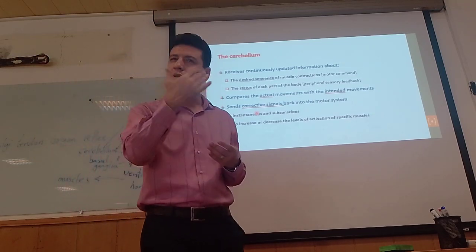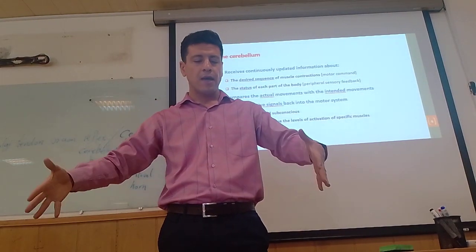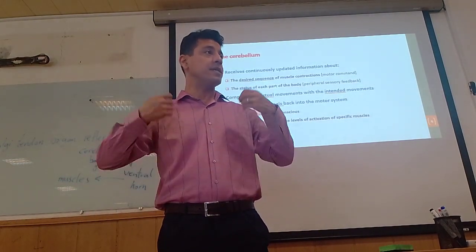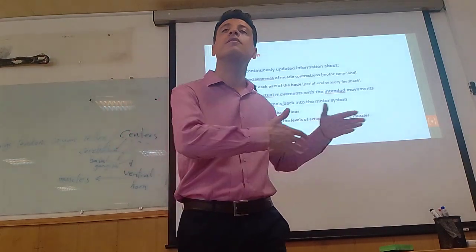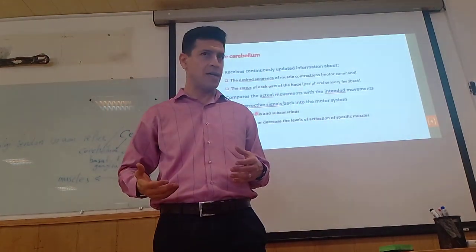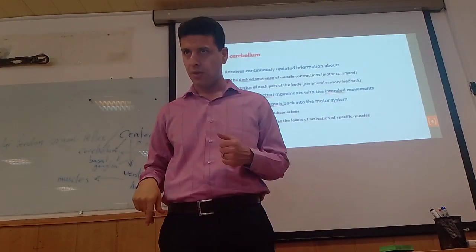Okay? So the desired function is known by the cerebellum. Then it also receives information from the body. So the cerebellum knows what's going on in the body. Right? So it knows the desired function and the actual function.